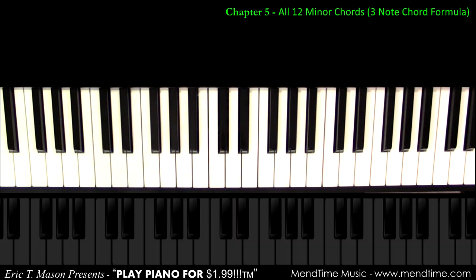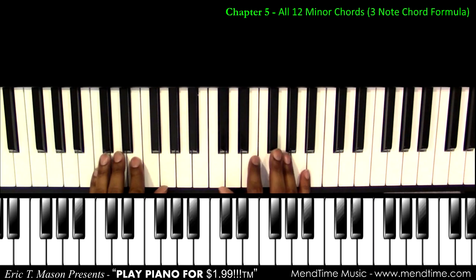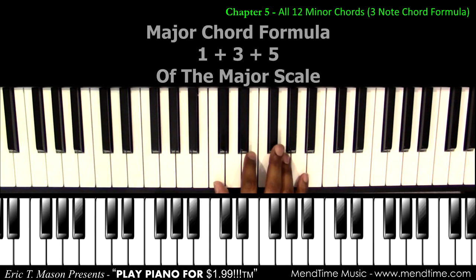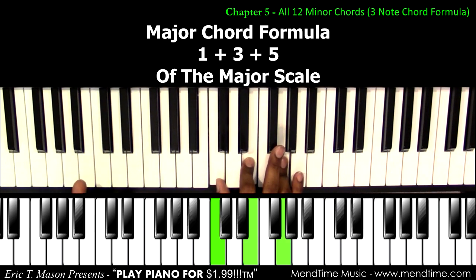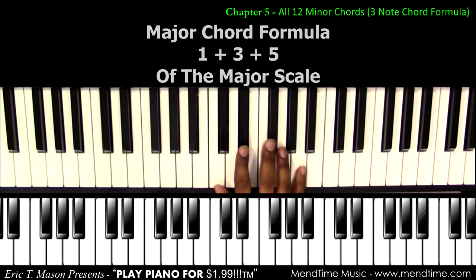So we went through our major chord in the last chapter, and that was the 1, the 3, and the 5 of the major scale. We also went through the minor scale, but more from the perspective of the relative minor. The same premise applies.